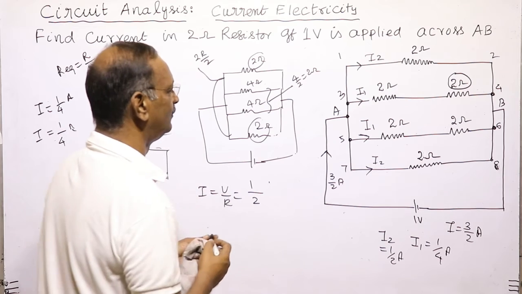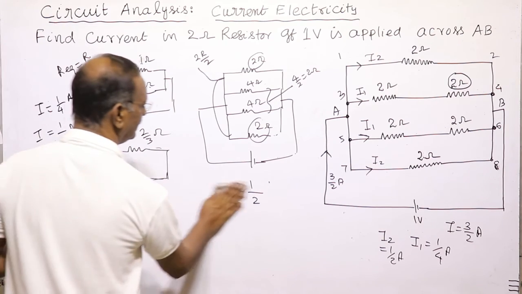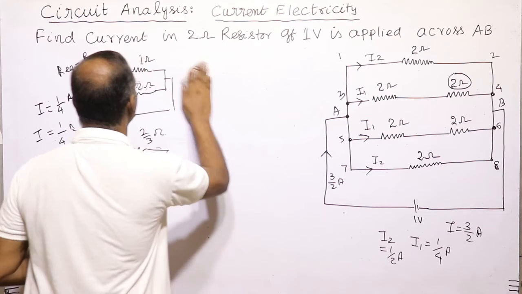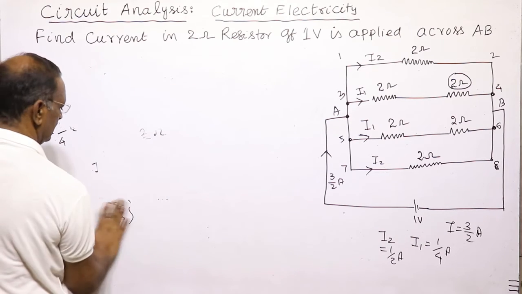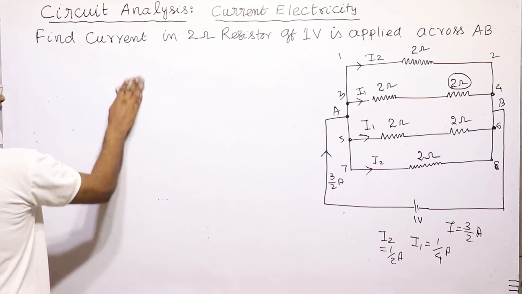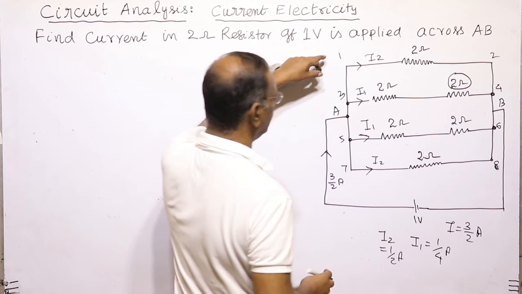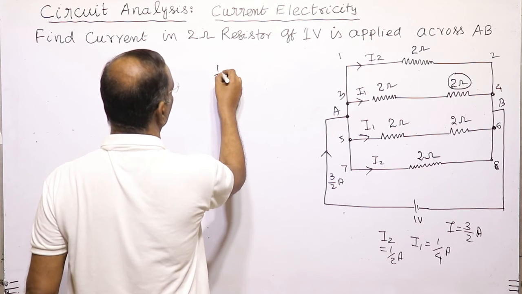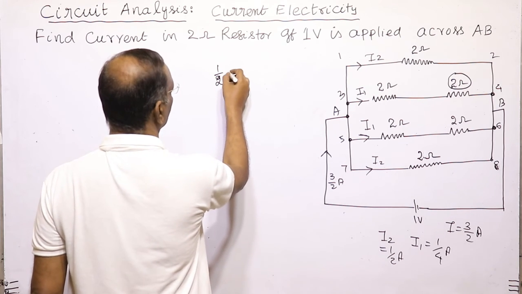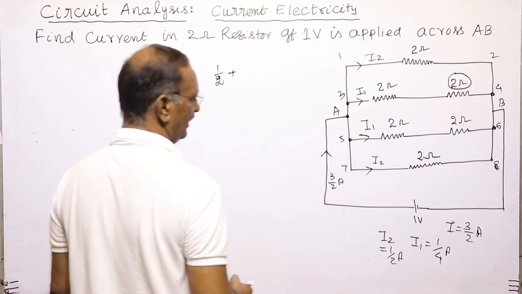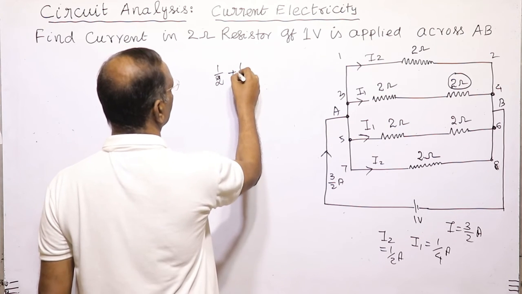Now we have found the current flowing in the whole circuit. Let us check whether we have found it right or not. Here I2 current is flowing, I2 is 1 by 2. Here I1 is flowing, I1 is equal to 1 by 4 ampere.